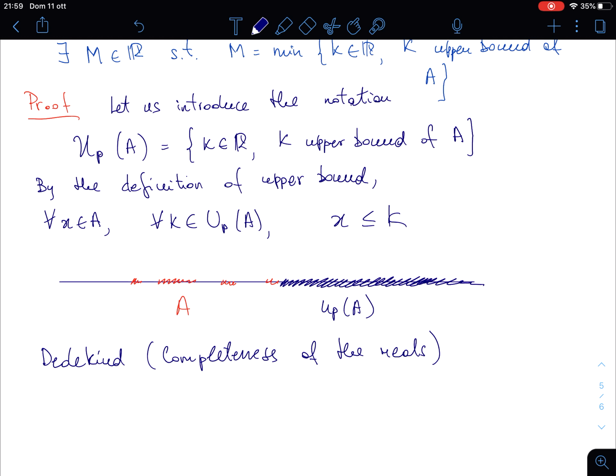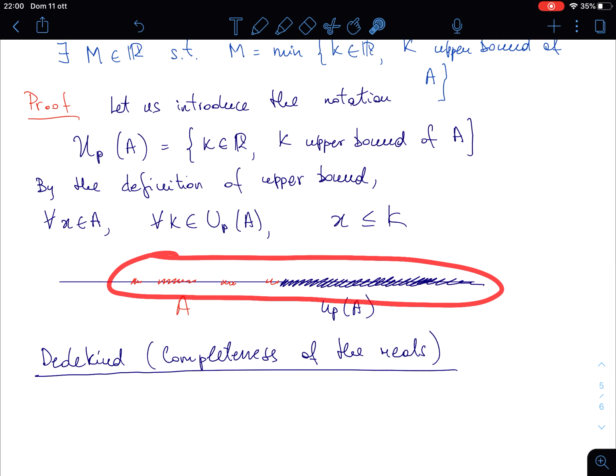Which is exactly the axiom on which I insisted too much in the last lecture, that says when this is the situation, then there is a separator here.